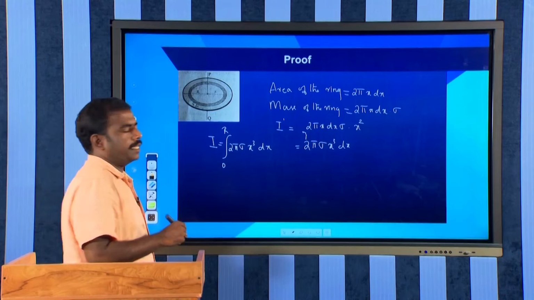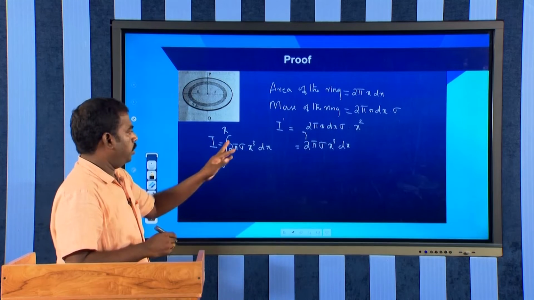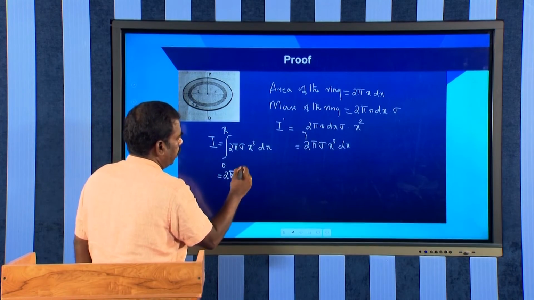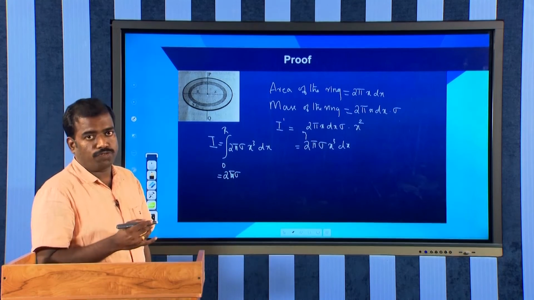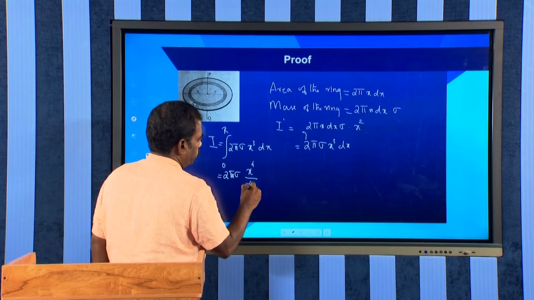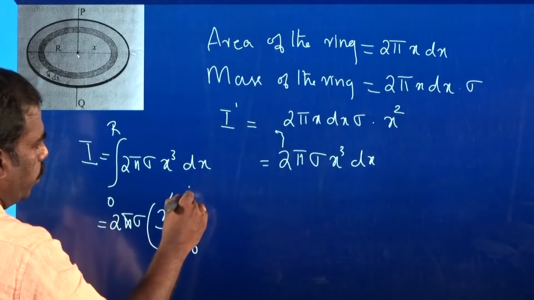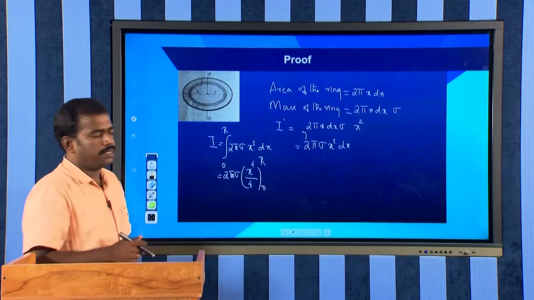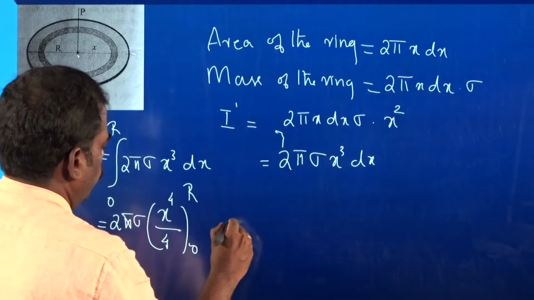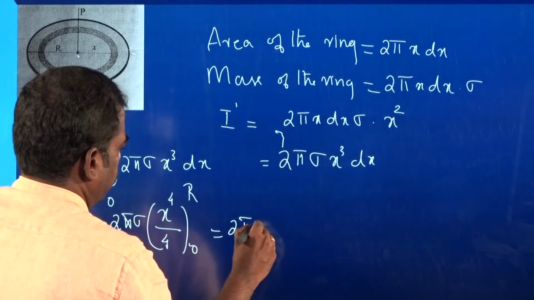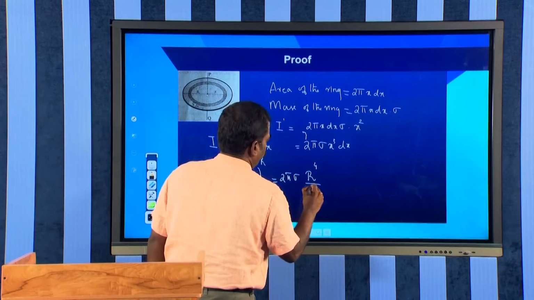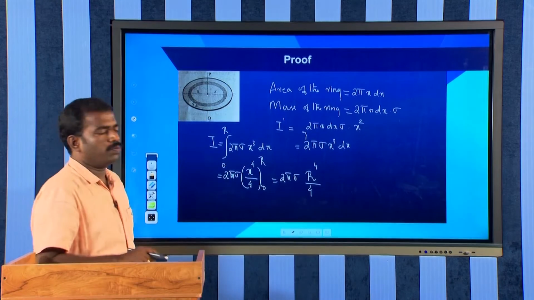Taking 2 pi sigma outside, the integral of x cube is x raised to 4 by 4 within limits 0 to r. Applying the limits, we get 2 pi sigma r raised to 4 by 4.